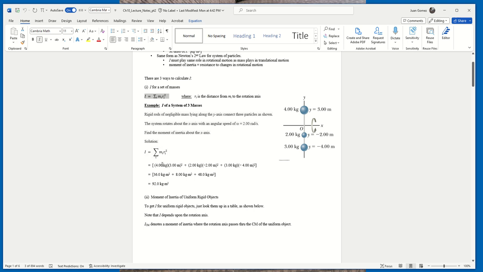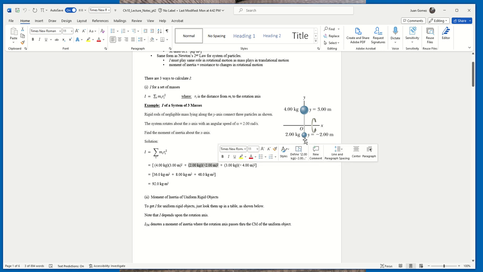So m_1 r_1 squared. Well, m_1 is 4, and r_1, the distance from m_1 to the rotation axis, is 3 meters. Then m_2 r_2 squared.